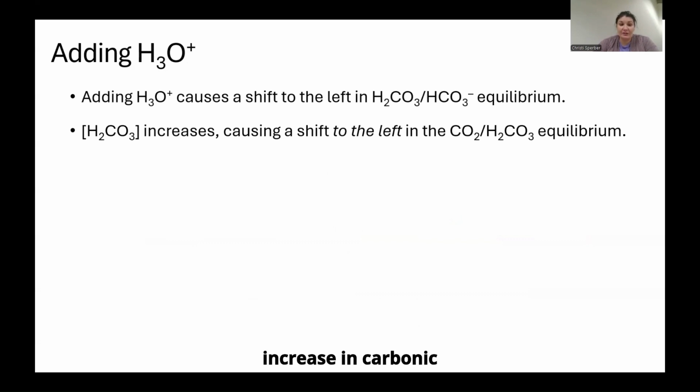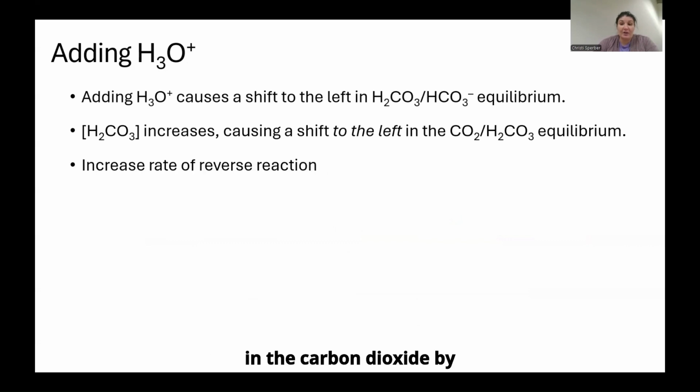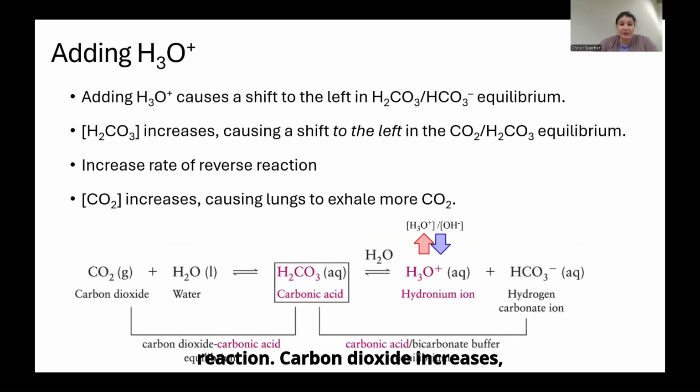The carbonic acid concentration increases, causing a shift to the left in the carbon dioxide equilibrium. And this increases the rate of the reverse reaction. Carbon dioxide increases, causing lungs to exhale more carbon dioxide.